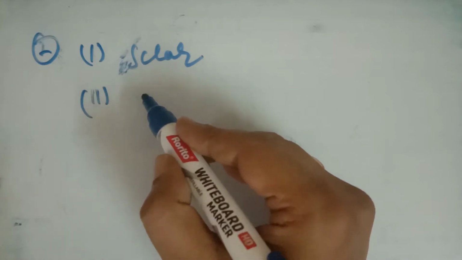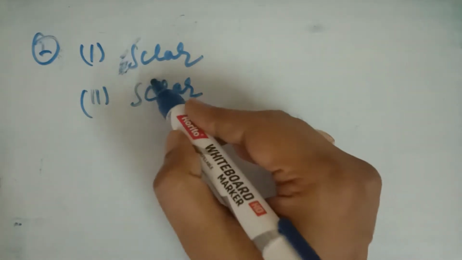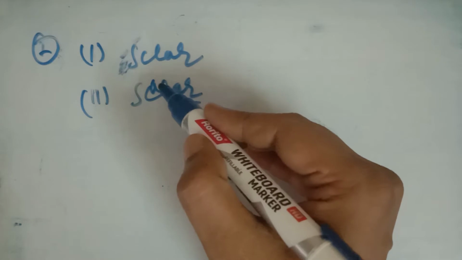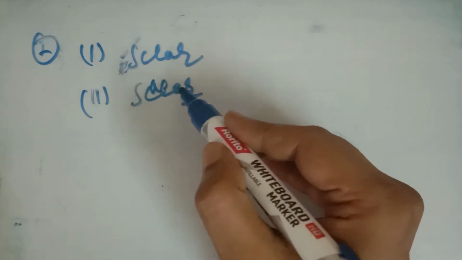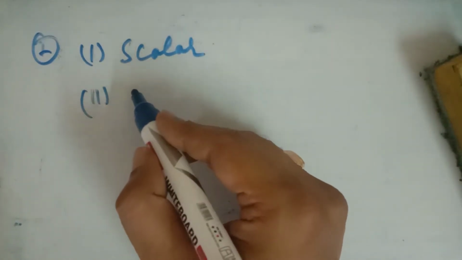Now the second part, distance, is also a scalar quantity, because distance has only magnitude.